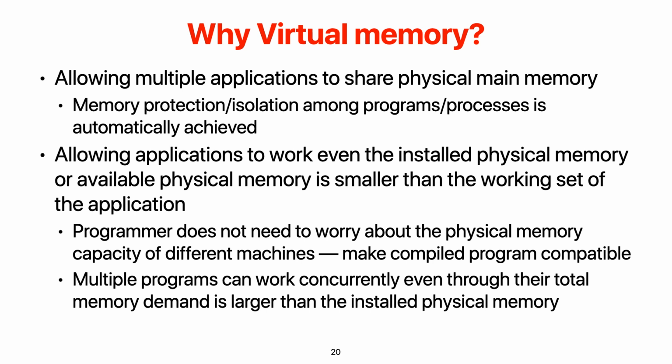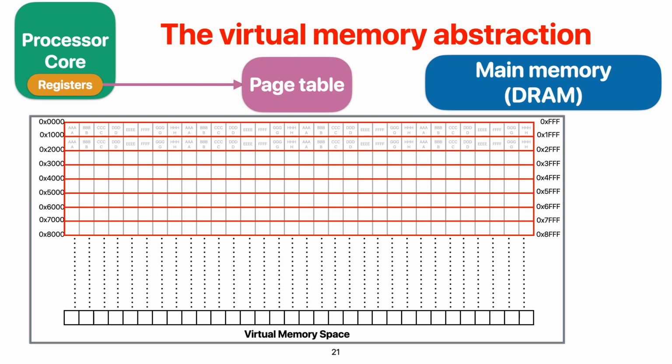Even if you're running multiple programs and their total memory size exceeds the installed physical memory, you are still fine. You can say the success of the software engineering industry is because we have the virtual memory abstraction. Now these graphs give you a more detailed view of the virtual memory abstraction.